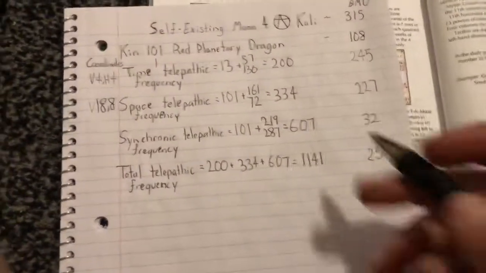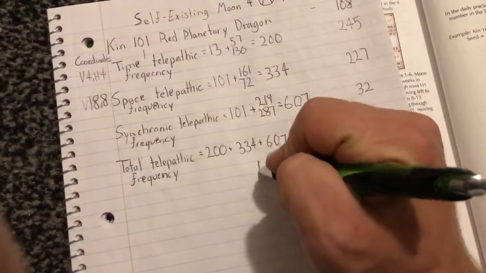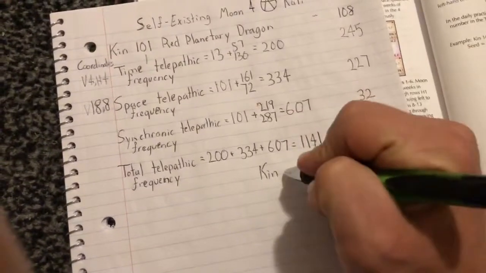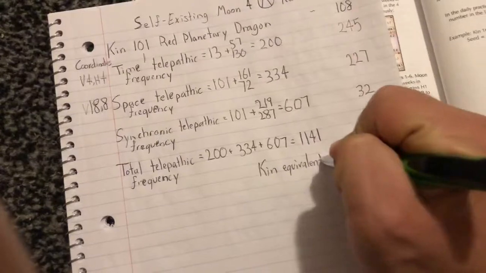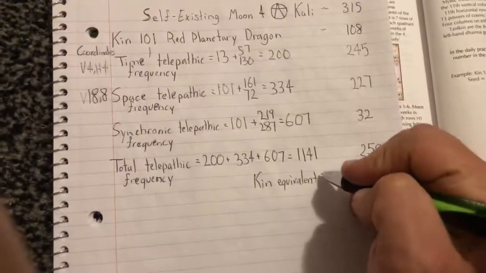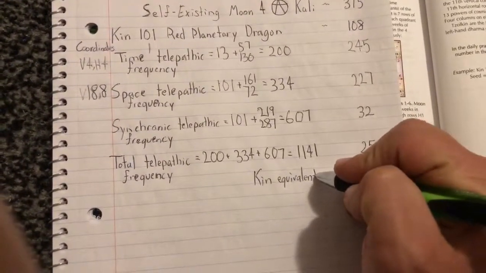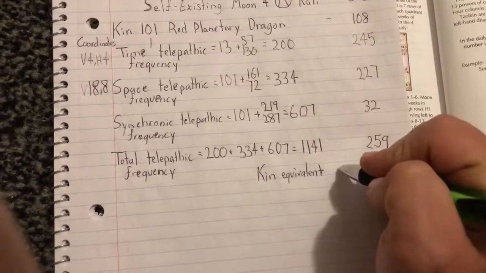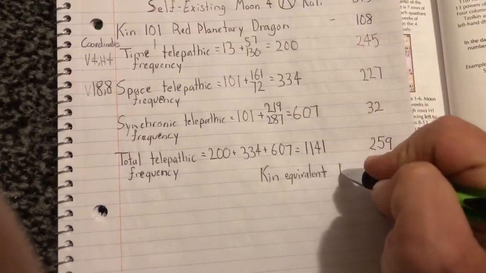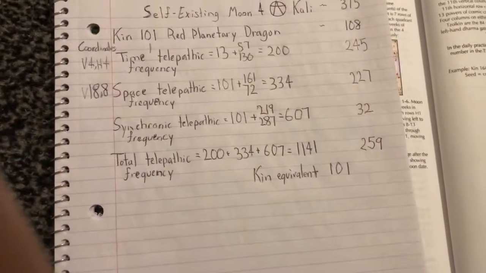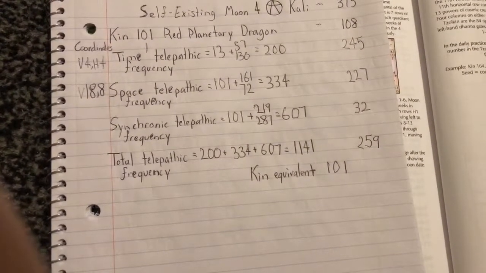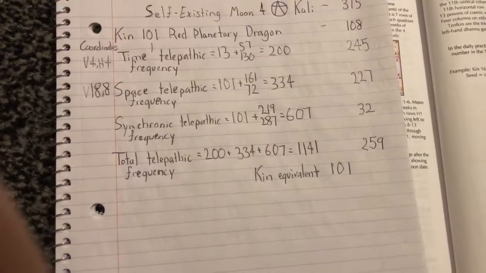And then from that number, we also find our kin equivalent, which is the kin of that frequency, which I find to be a very prevalent and strong factor in a day. Something real cool today.